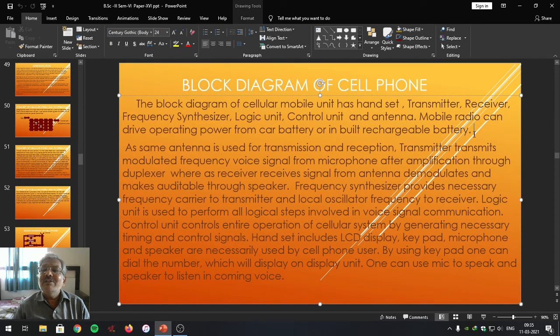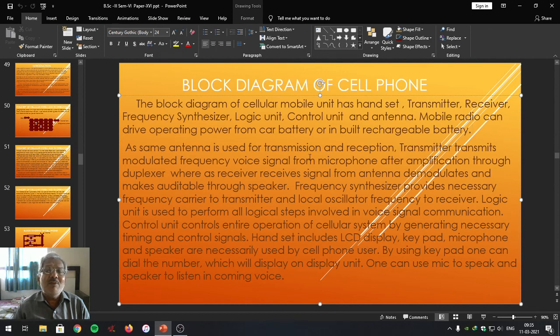Nowadays we are using car battery for the charging of the mobile also. That's why that aspect is given. Or it has inbuilt its own battery. The same antenna is used for transmission and reception, as we have studied in the block diagram.